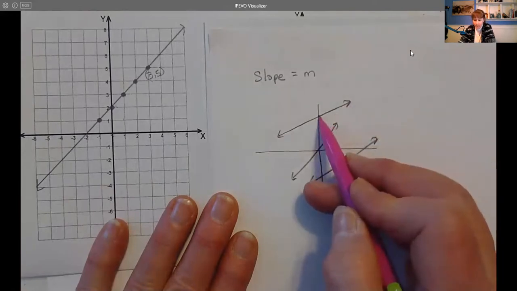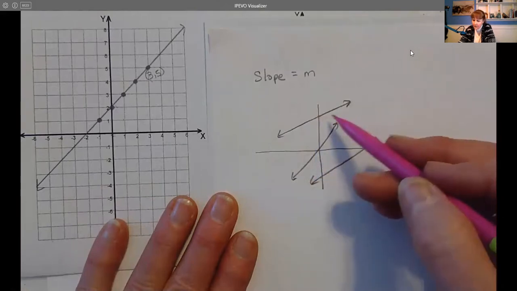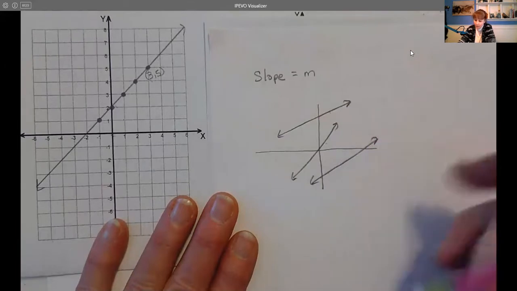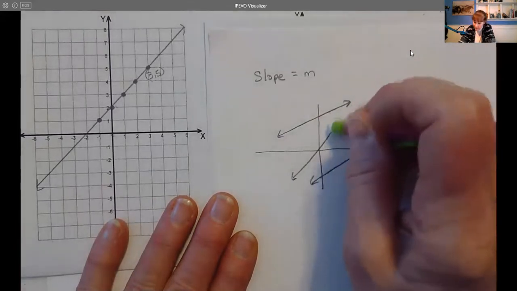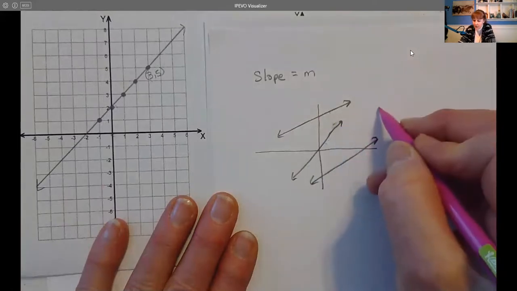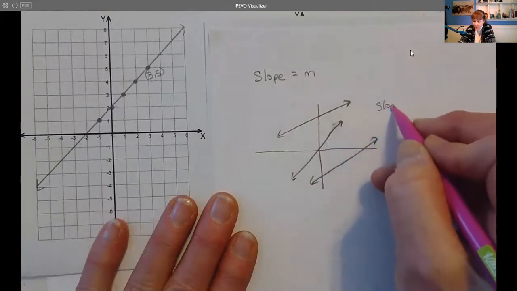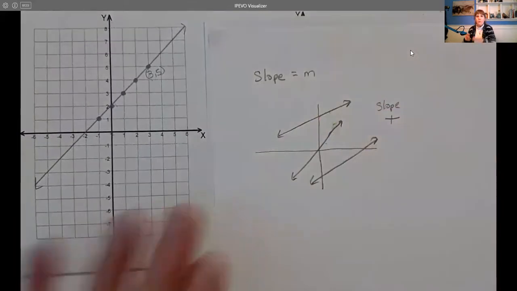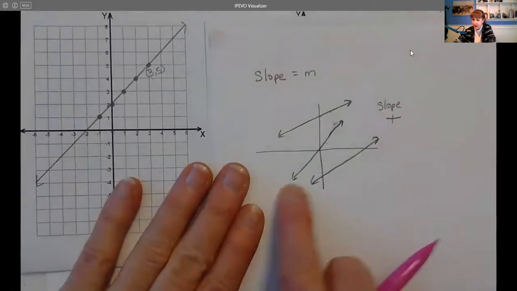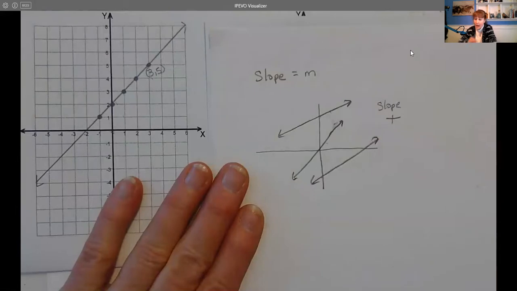All of these are considered to be rising. Left to right, they're going up. You would be going uphill from left to right. So all of these, their slope would be positive. It will be a positive number because they're all rising. So the slope tells you direction. If they're rising, as you read from left to right, your slope will be positive.